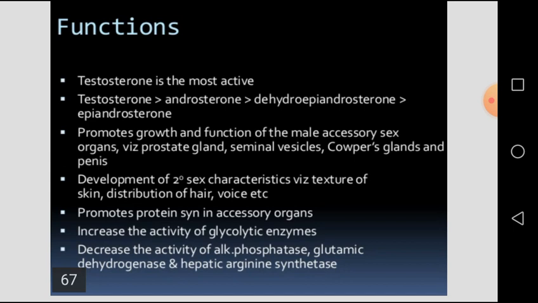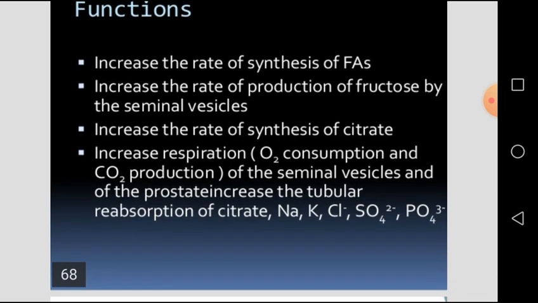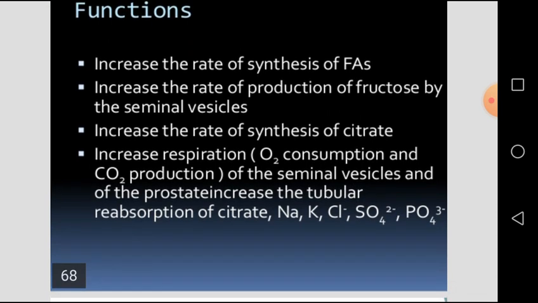It promotes protein synthesis in accessory organs and increases the activity of glycolytic enzymes. It decreases the activity of alkaline phosphatase, glutamic dehydrogenase, and hepatic arginase. It increases the rate of synthesis of hormones, the production of fructose by the seminal vesicles, and the synthesis of citrate.